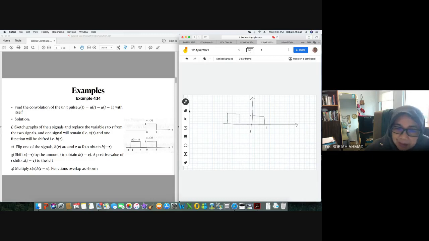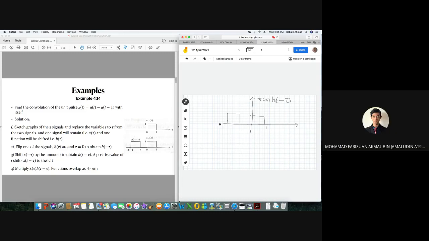So bila both of them will do the convolution, saya terus masukkan kepada kedua-dua dalam graf ni: x(t) dan h(t minus tau). Kenapa belah kiri? Why again class? Why is it on the left hand side? Reversal. Okay, reversal tu dia flip.